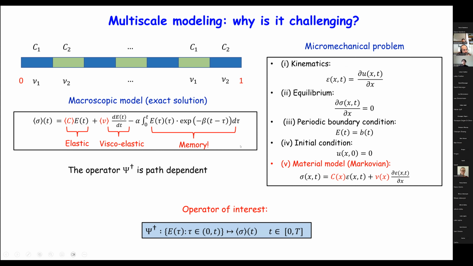So it has the so-called elasticity, it has the viscoelasticity. These two are Markovian, but it has an additional memory term. You can see that this is basically the boundary condition involved with this beta, which is determined by the material parameters in the microscale.